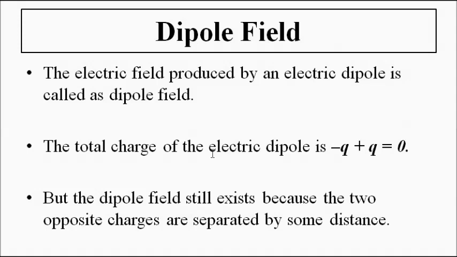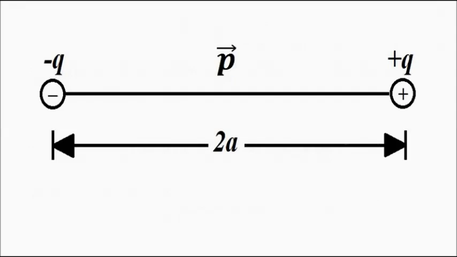Now the next concept associated with the electric dipole is the dipole field. The electric field produced by an electric dipole is called the dipole field. As this electric dipole involves a combination of equal and opposite charges, there will be an electric field associated with it. Now you might think that the net charge of this whole combination is 0.